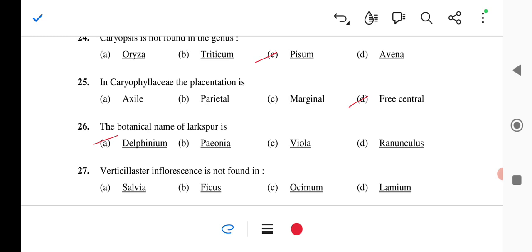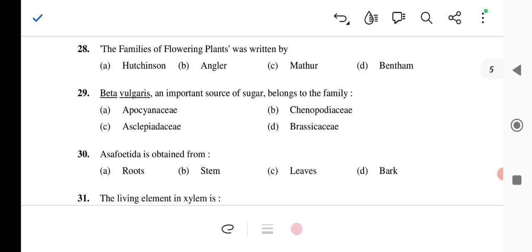We have read about Caryophyllaceae, placentation is free central, and verticillaster inflorescence is in Lamiaceae. Next is the families of flowering plants was written by Hutchinson. Next is Beta vulgaris is an important source of sugar and it belongs to the family Chenopodiaceae. Next is asafoetida is obtained from roots.